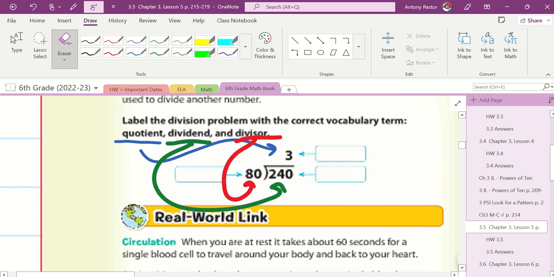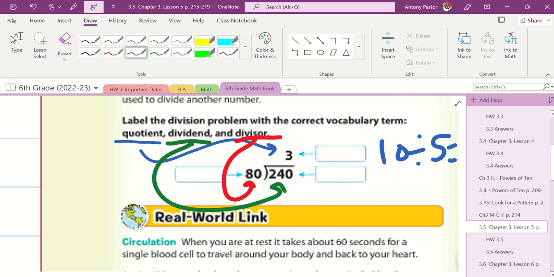So once again, as a recap, quotient is the answer to a division problem, dividend is the number being divided, and divisor is the number that we are dividing by. So one quick example. 10 divided by 5 would equal 2.